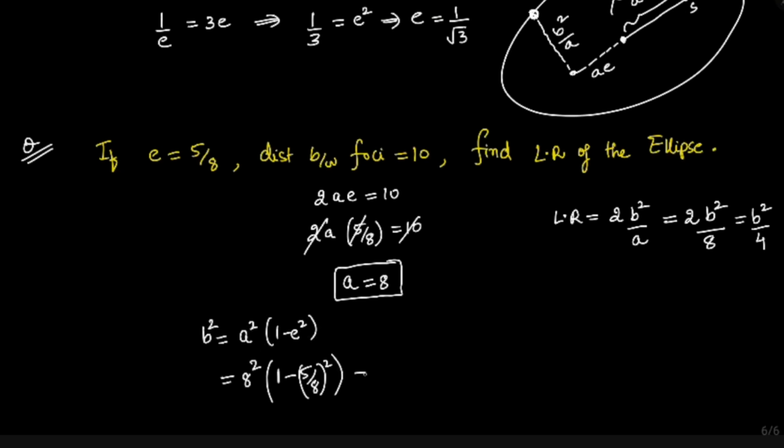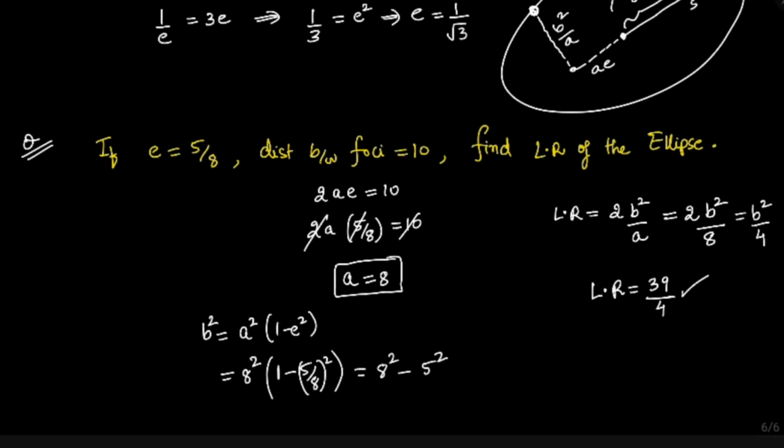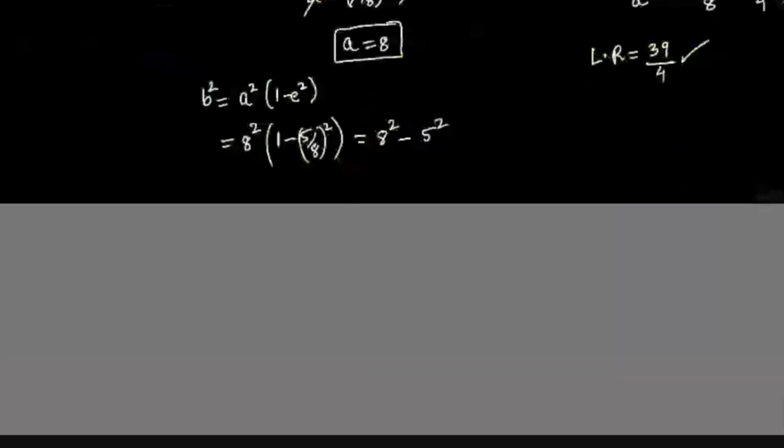Multiply with 8 square, you get 8 square minus 5 square. What is 8 square minus 5 square? 64 minus 25, 39, right? So it is 39 by 4. That is the length of the latus rectum. Okay, so these kinds of things we have to know.